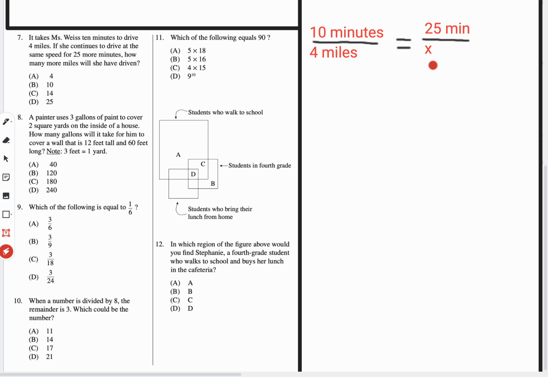Now here we'll use the rules of cross multiplication. We'll multiply 10 times x to get 10x. X equals 4 times 25. Or 10x equals 100.